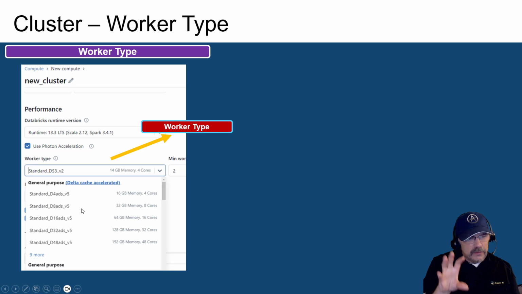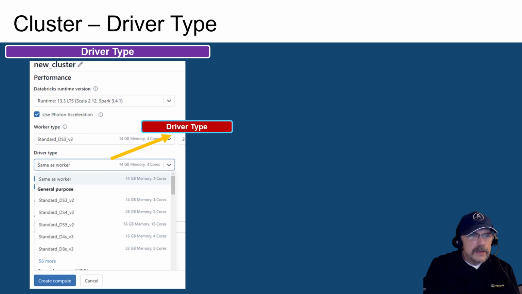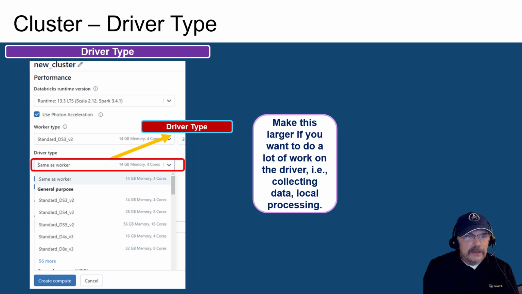So just in that small range, and there's many, you have a lot of options as to how powerful your node is, and that makes a big difference in terms of how much it can achieve parallelism, how much work it can do. Larger nodes mean fewer nodes required. The driver, as I mentioned, you may want to go with bigger ones. You can see there's lots of options as well here. And again, I mentioned this, make this larger if you want to do more local work without having to scale out in your cluster.